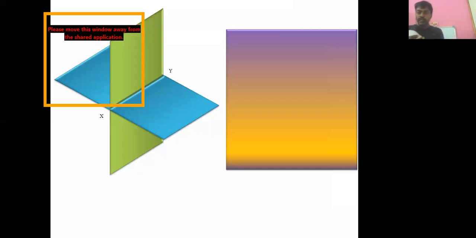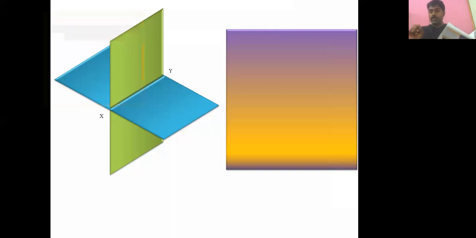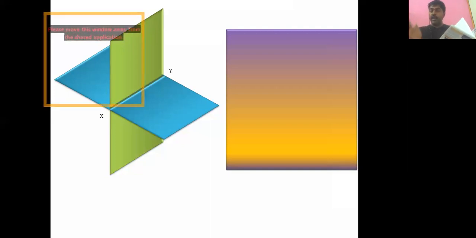That's why we always say that the second quadrant is represented as above HP, behind VP. Please make a note: the second quadrant is indicated as above HP, behind VP.